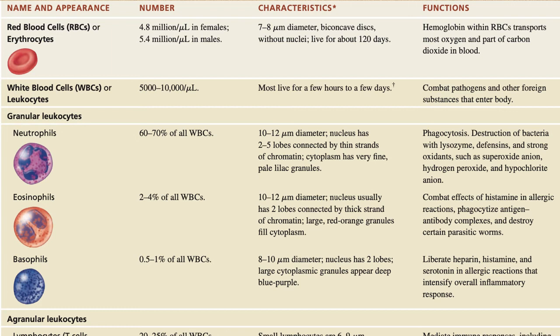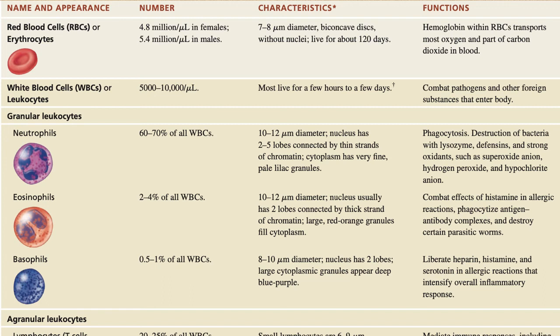It lives for about 120 days. The function of the red blood cell, or RBC, is that the hemoglobin within the RBC transports most of the oxygen and part of the carbon dioxide in blood, as we mentioned earlier.